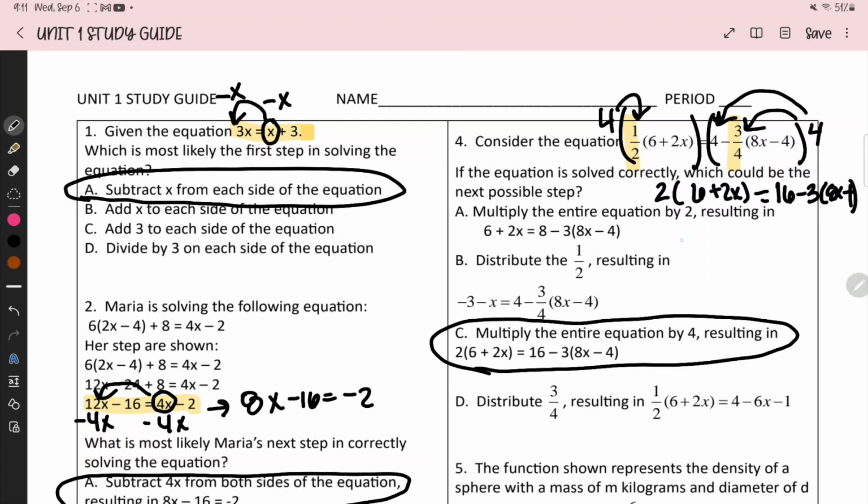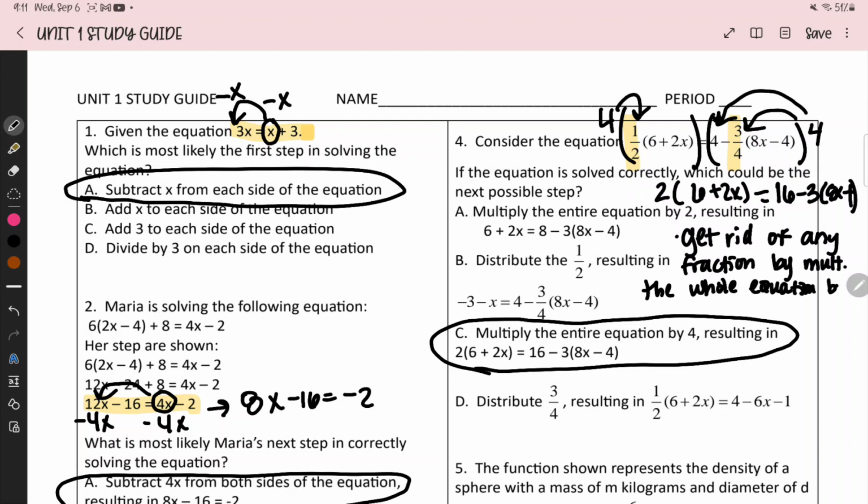The reason you can do that is you can get rid of any fraction by multiplying the whole equation by the denominator. That's what's super important here: you have to remember that you're multiplying the entire equation by the denominator, not just the fraction, because you have to keep your equation balanced.